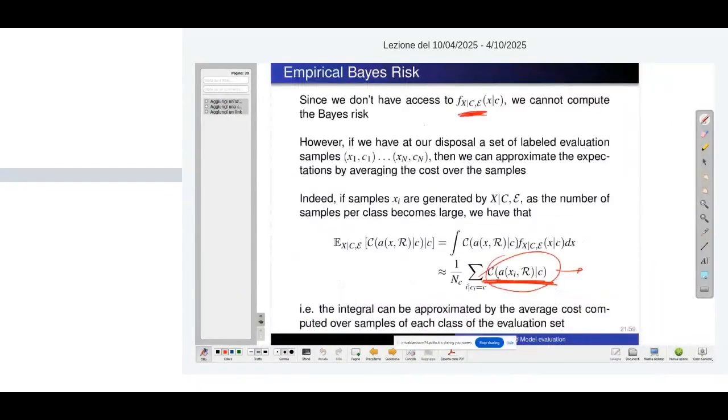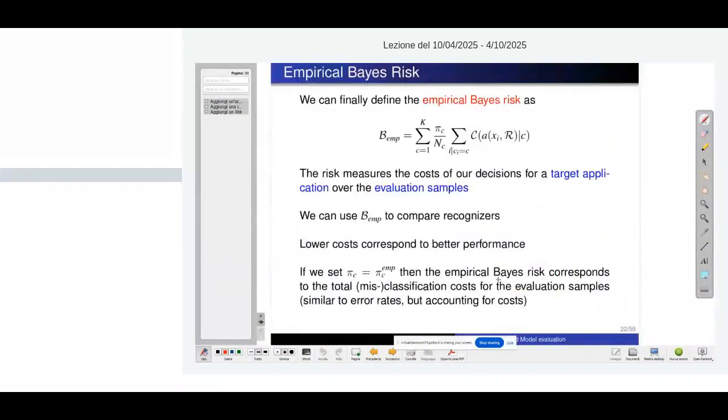So we have the overall empirical Bayes risk: the average cost per class on the evaluation set. These averages are weighted by the class prior and then summed all together. This gives me the average cost that I pay for a sample of the evaluation set. Again, this is exactly the empirical Bayes risk for the evaluation set.